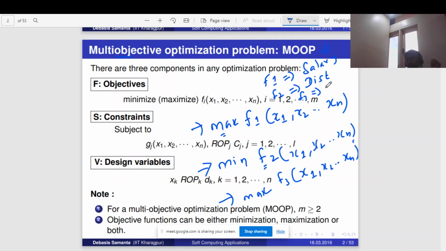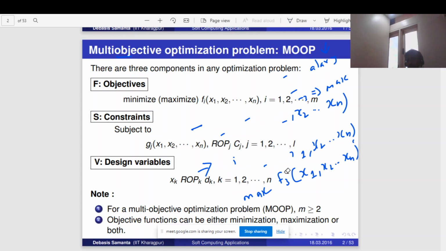What do you want it to be, maximized or minimized? Maximized. This is just an example. Like that, in the real world, anything you see will be a multi-objective optimization problem. There will be several parameters, and at the same time, some should be maximized and some should be minimized. So the point is, there will be more than one objective function.